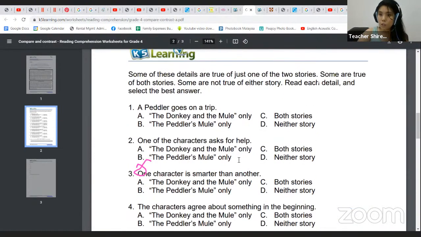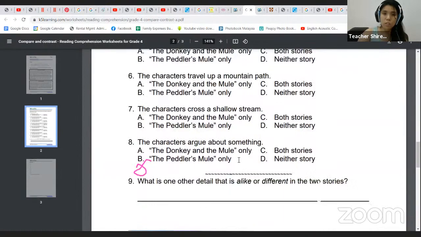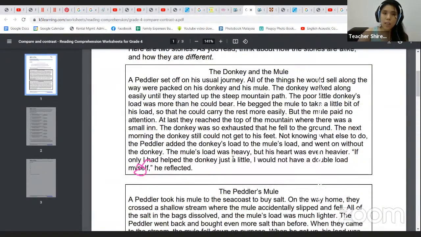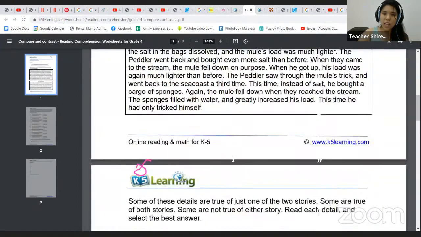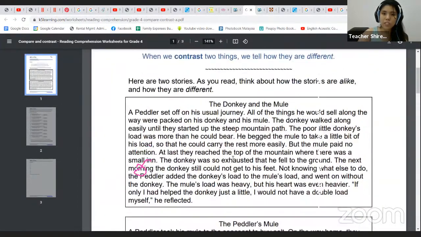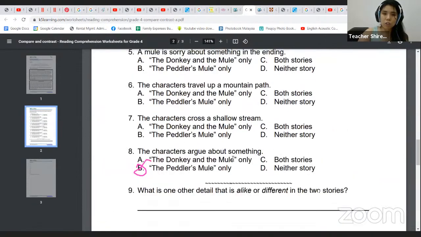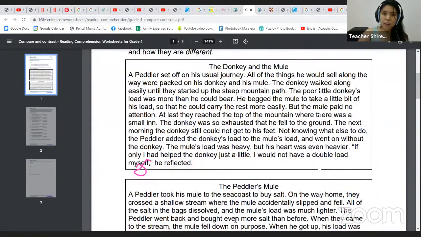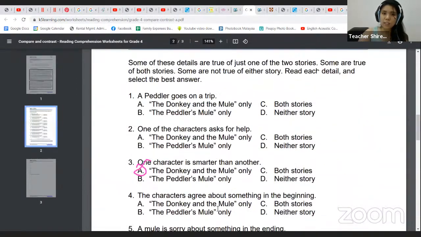So I need you, as homework, to write based on these stories. Write one thing which is alike and one thing which is contrast. Okay, one thing is alike and one thing is contrast. All right.